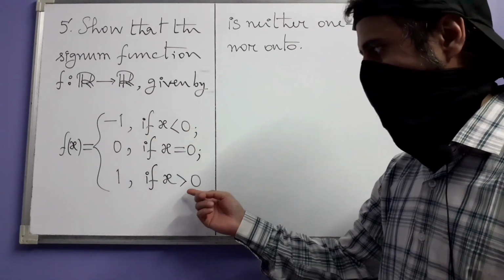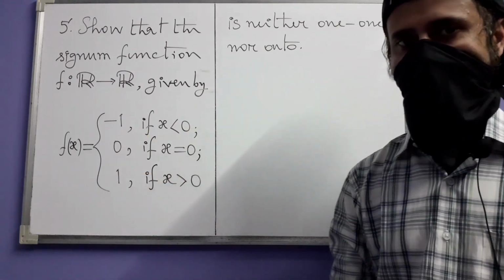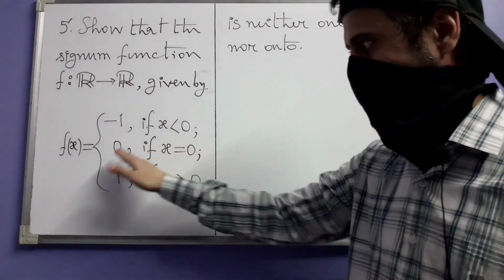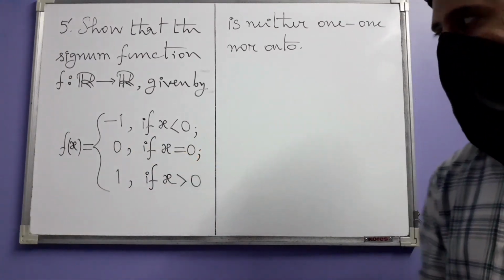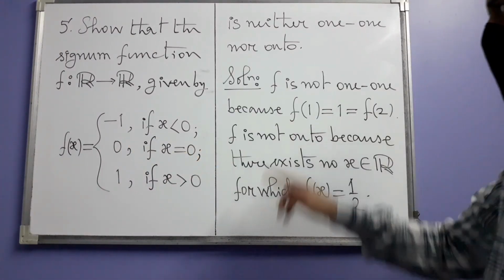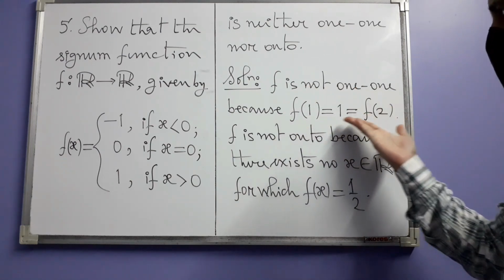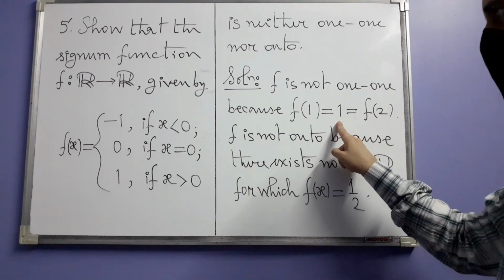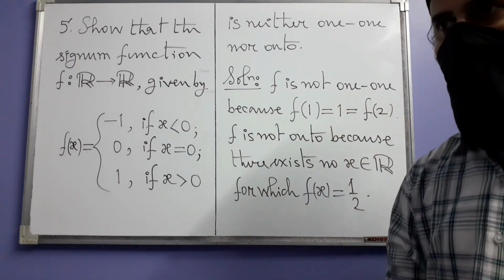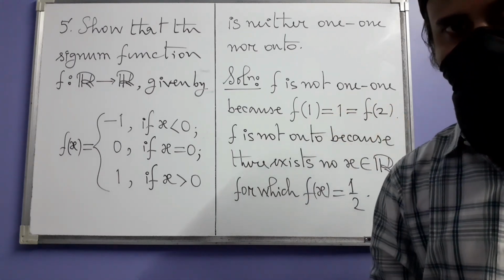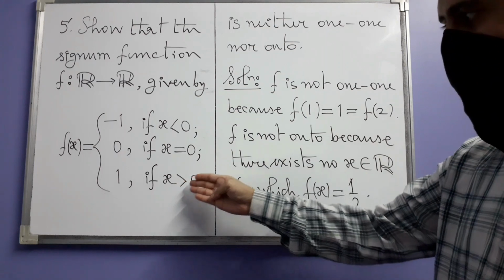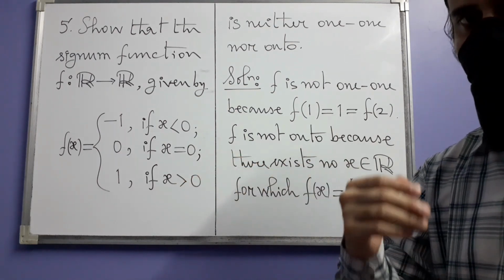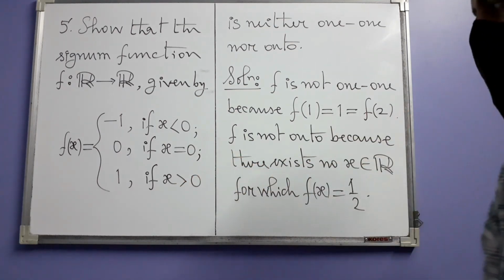If the input is positive, the output is constantly 1, and if the input is 0, then the output is also 0. So our function f is not 1 1 because of this. For example, f of 1 is 1 and f of 2 is also 1, although 1 and 2 are different inputs. That is because whenever the input is positive, the output is constantly 1.